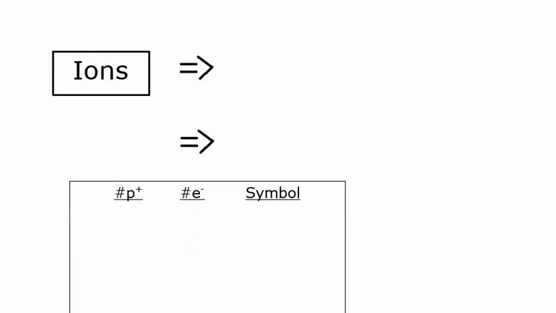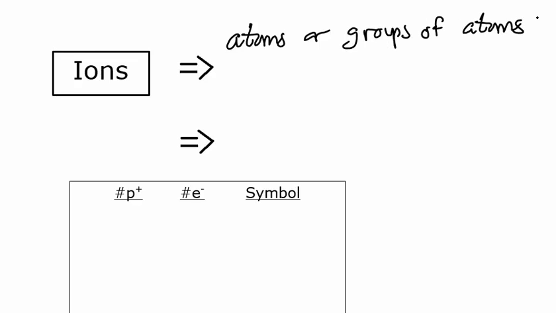Okay, molecules will not be charged, but there are also ions, which are charged species, and they are atoms or groups of atoms which are charged. So they have a net charge.